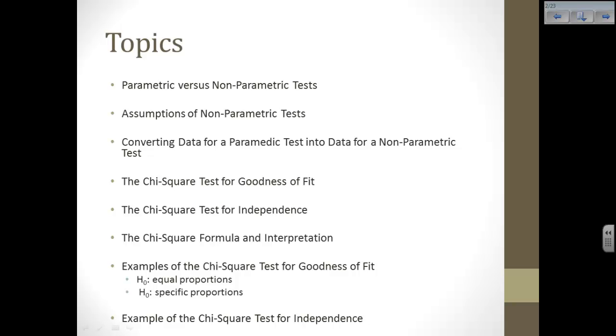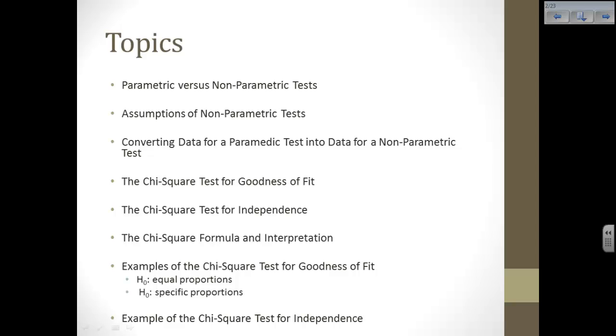All right, topics. So, I'm first going to introduce you to the difference between parametric and non-parametric tests. Everything we've been doing so far were parametric tests. Chi-square is a non-parametric test. Then I'll cover the very simple and few assumptions of non-parametric tests.